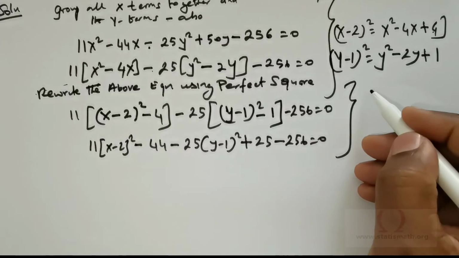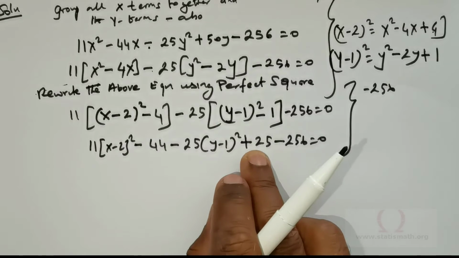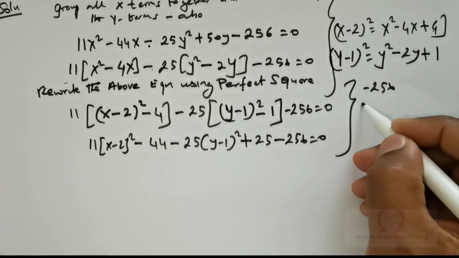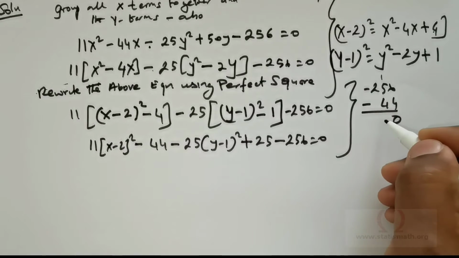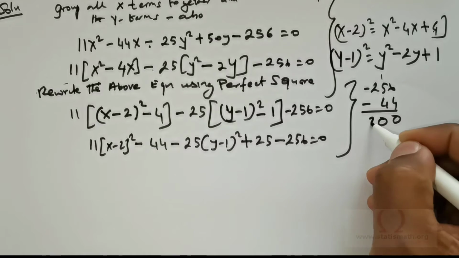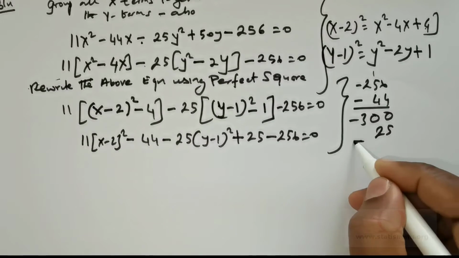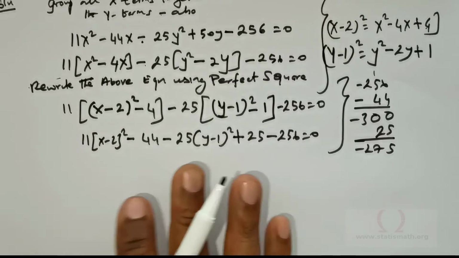So what do I have? I've got negative 256, positive 25 and negative 44. So let me add that: negative 44 and negative 256 give negative 300, added with 25 would give me 275 with a negative sign. So I'm rewriting that.